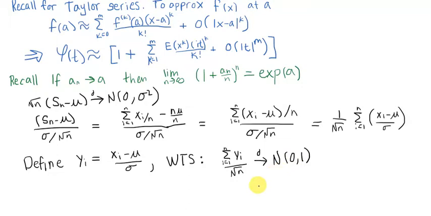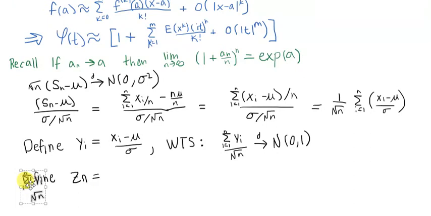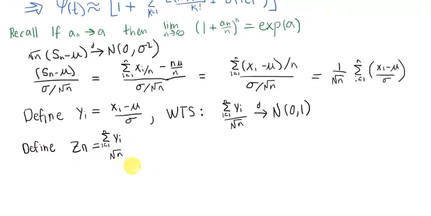Kind of just simplifies our situation a little bit and makes it easier to work with. I'm also going to define Zn equal to this summation, so I don't have to keep writing that summation over and over again.